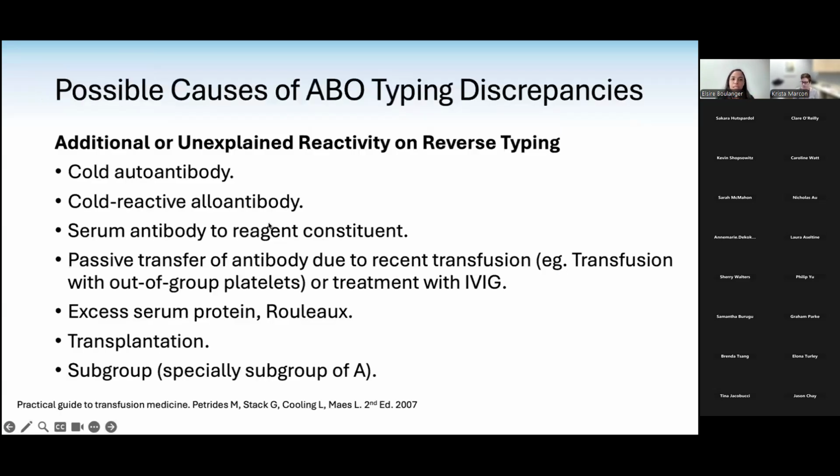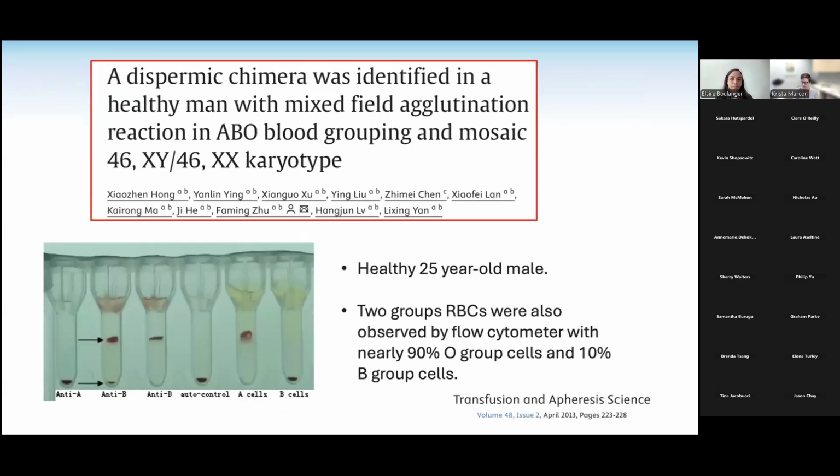So the causes of additional or unexplained reactivity on reverse typing include cold autoantibodies, cold reactive alloantibodies, serum antibody to a reagent constituent, passive transfer of antibodies due to recent transfusions of out-of-group platelets or IVIG, excess serum protein, transplant, or subgroups.